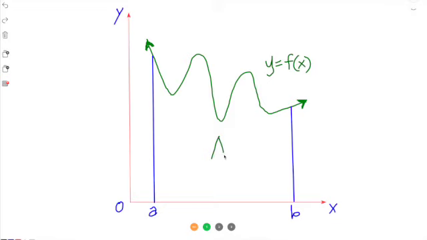So now we wish to know how we can find the area, or the measure of the area of A, given these conditions. We have a function, we have the bounds. First of all, we are talking about the measure of the area. So this would be in square units, whatever unit you want to think of.